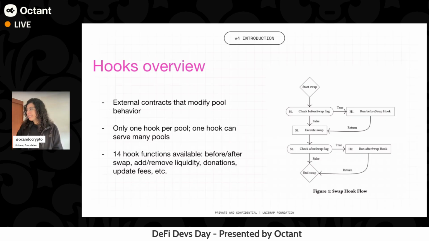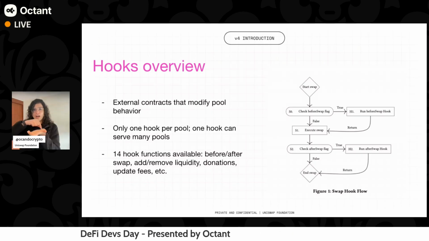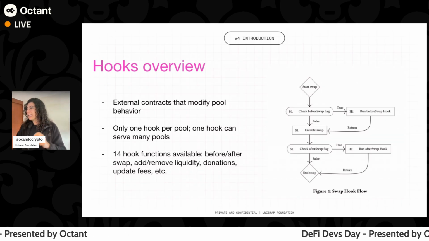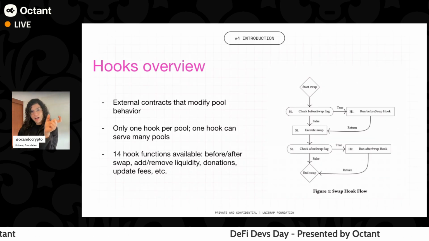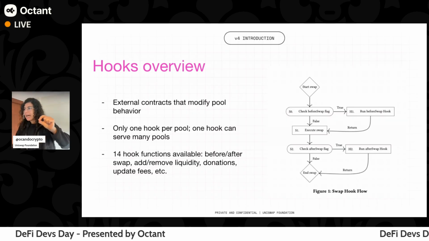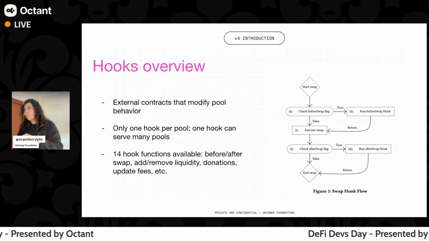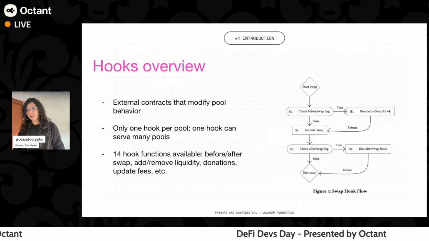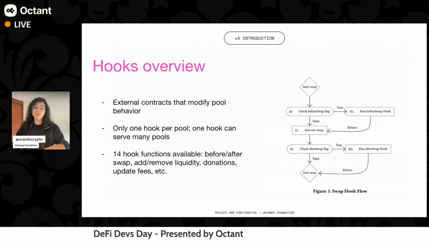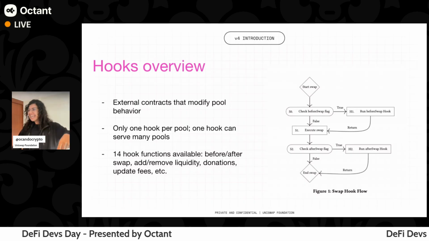So as a simple example, if we go before the swap, the swap just started, and then it's going to check the before swap flag. If something happened and you added any other logic, it is going to execute that plus execute the swap. Then it's going to check the after swap flag. In that way, it is going to check if you added some sort of logic, and then it's going to end the swap.